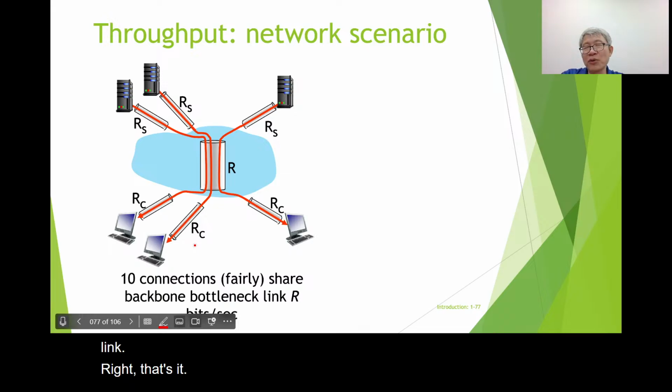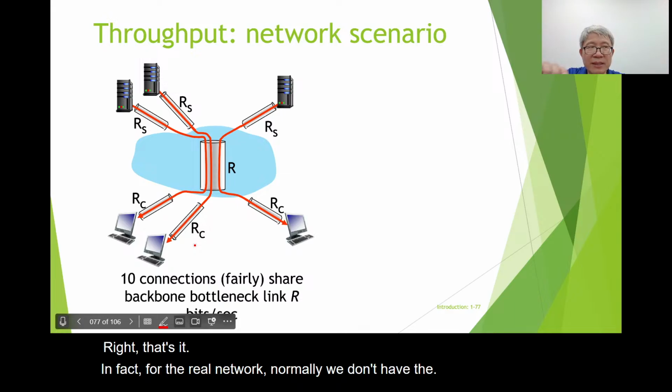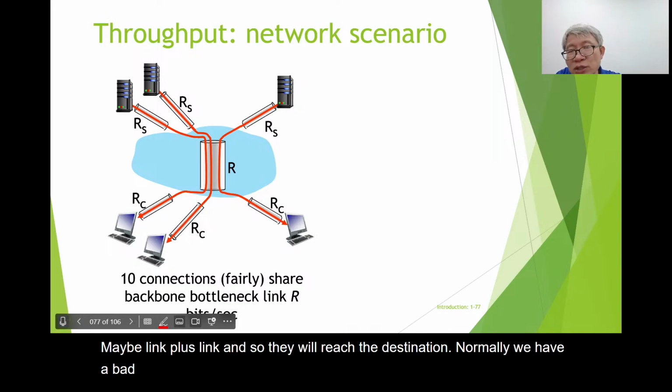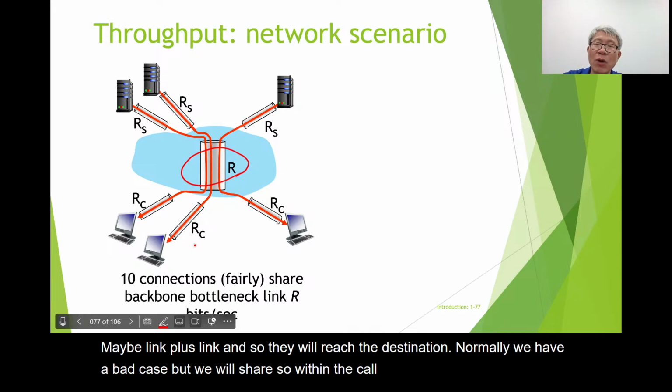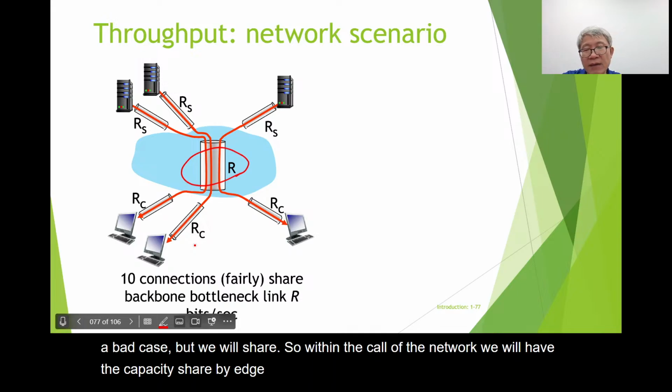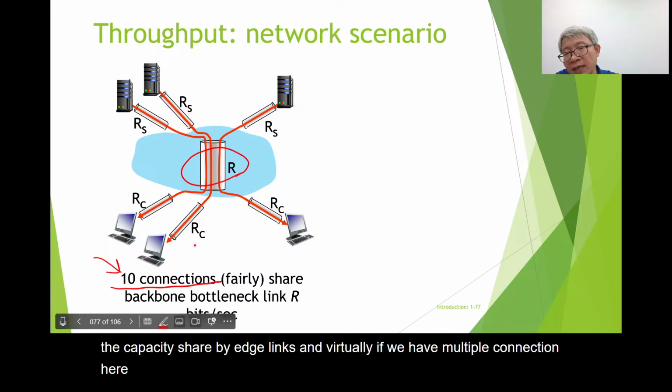In fact, for the real network, normally we don't have just link plus link until we reach the destination. Normally the capacity is shared by each link within the core of the network. And virtually, here we have multiple connections.